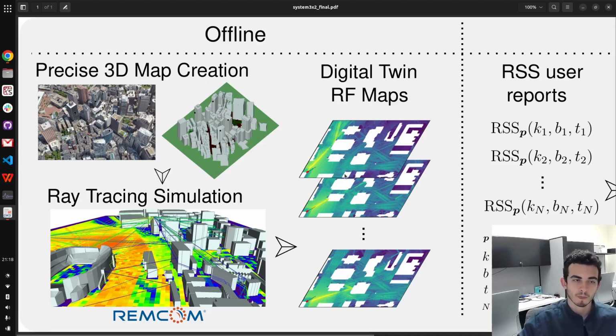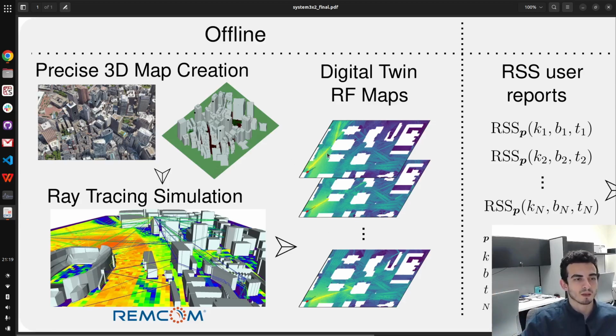Each map is essentially the received power in each position for a given band and for a given beam. So in this case, let's assume this is band 0, which might be exactly at 3.5 GHz, and then band 1 might be 10 MHz higher.